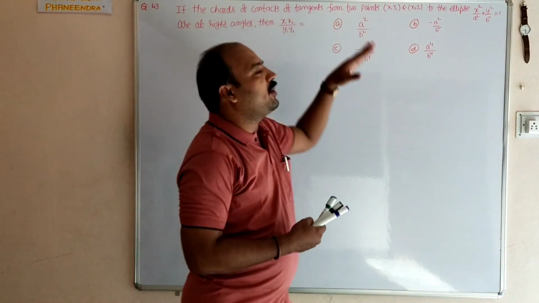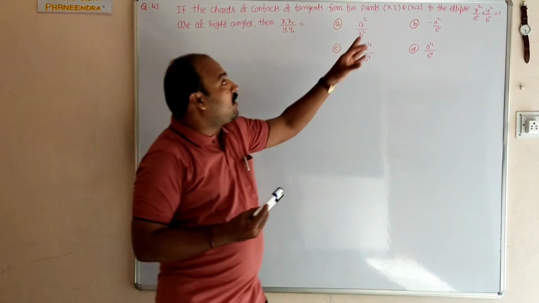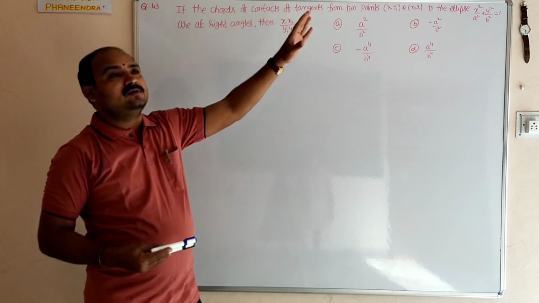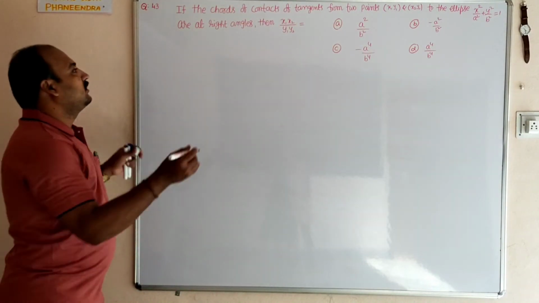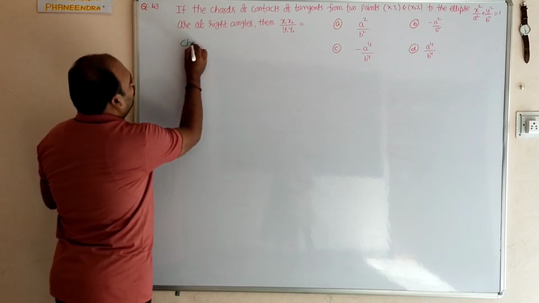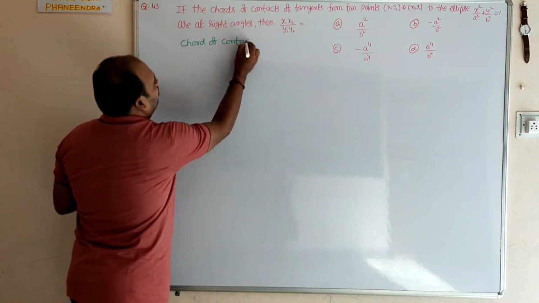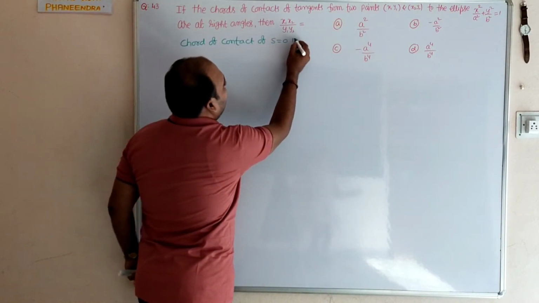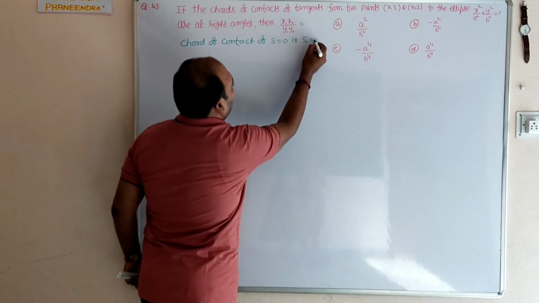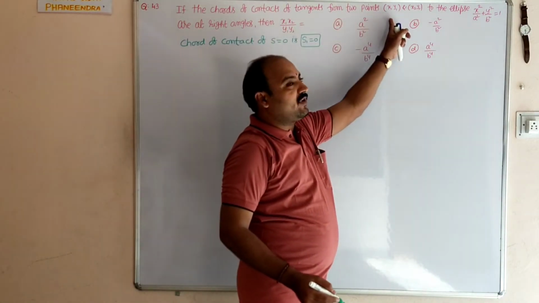First of all, the chord of contact of tangents. At (x1, y1), we can calculate the chord of contact. What is the chord of contact? The chord of contact of the ellipse is S1 equal to 0.